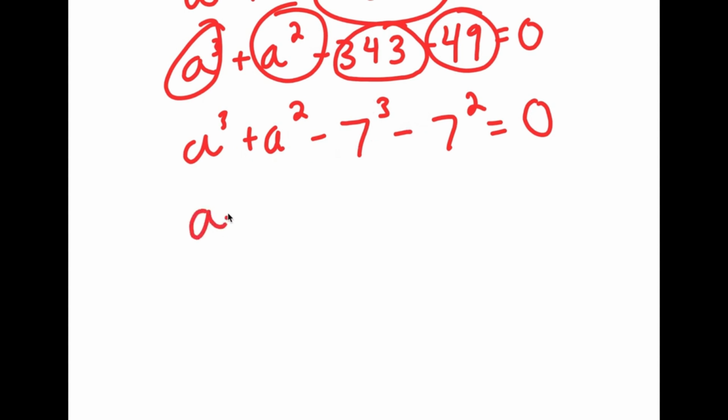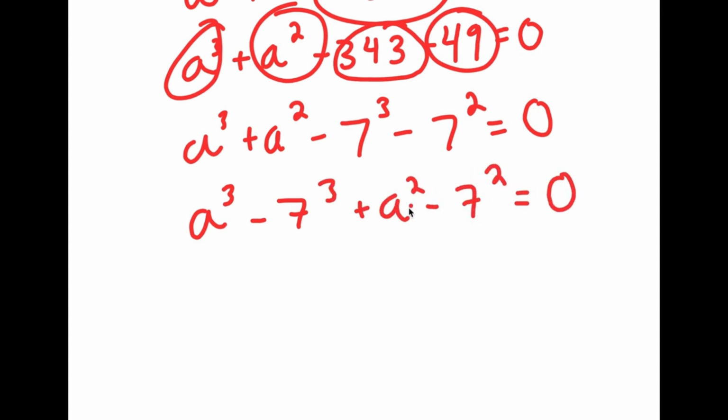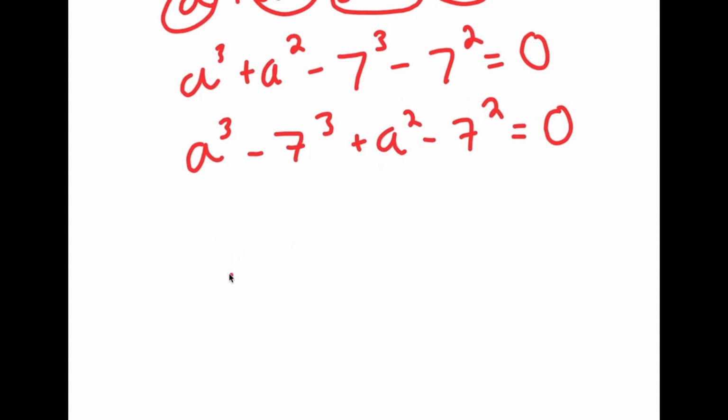group the squares. So I have a to the power of 3 minus 7 to the power of 3 plus a squared minus 7 squared is equal to 0. Now, here are two properties that we're going to use for this.